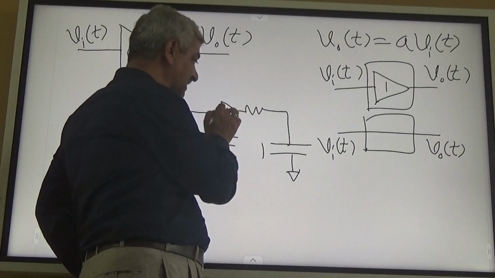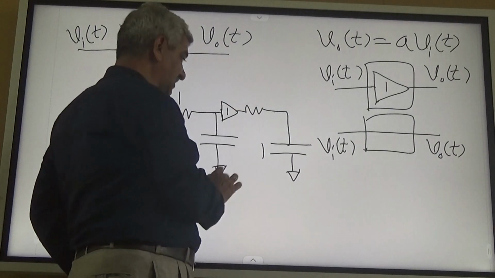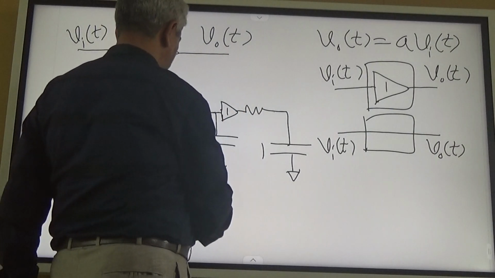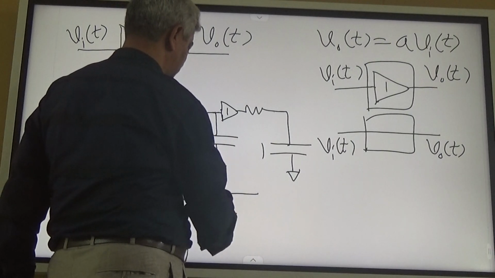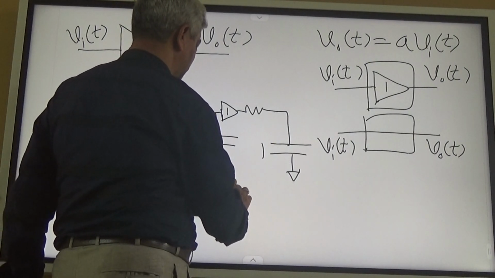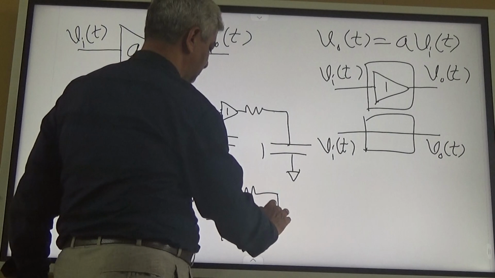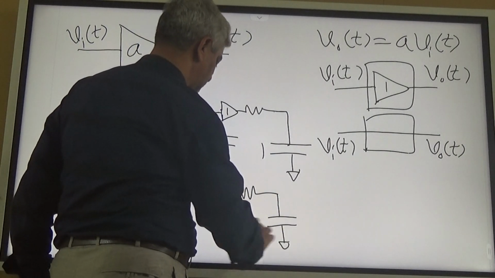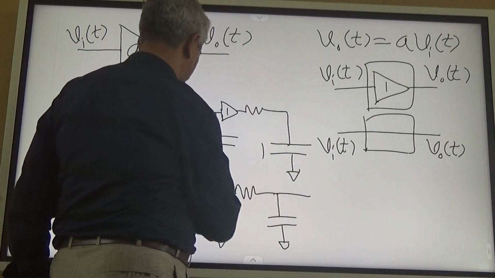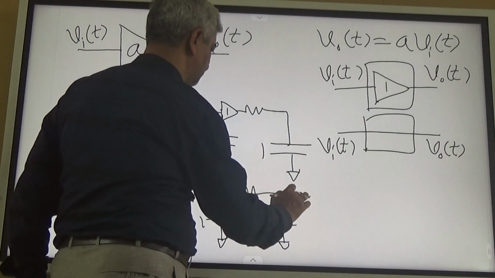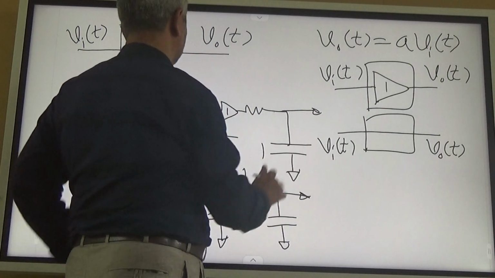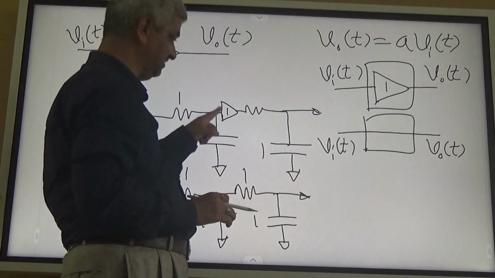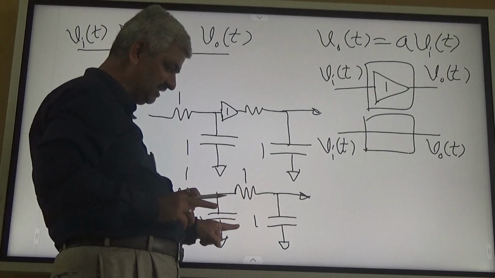So gain is 1, like this circuit and your circuit here. These are different circuits. Its differential equation we calculated.